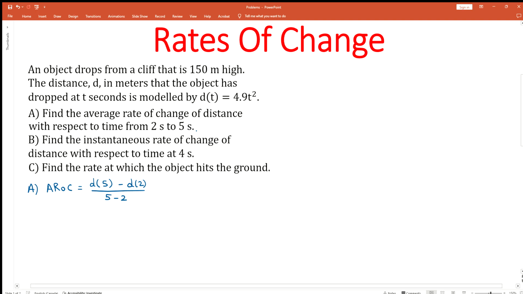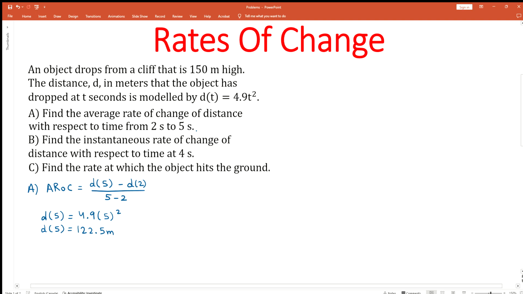Next, we should find the values of d(5) and d(2) using the given function d. For d(5), we should sub in t as 5 in the given function. I get 122.5 and the unit is meters. This is the distance at 5 seconds.